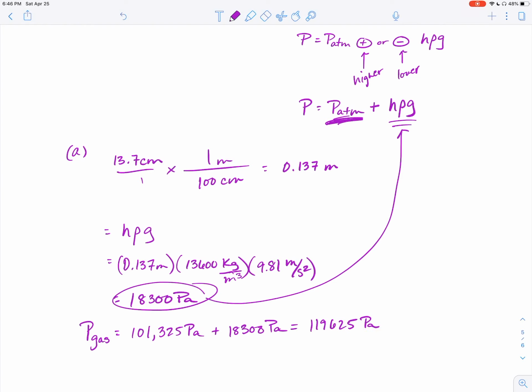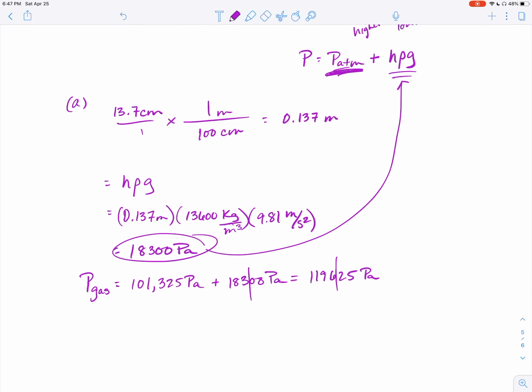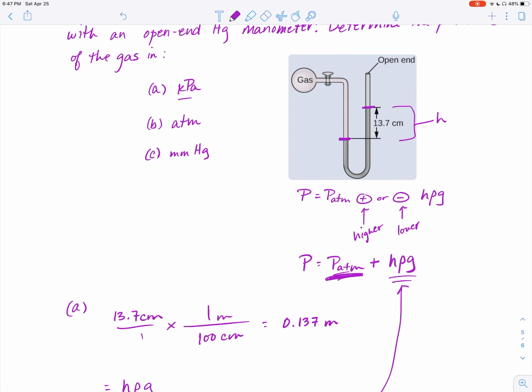Well, we're going to need to actually make that value into the proper sig figs. And for this, I think if we round to the hundredths place, that would give us the proper unit here. And so this would be 119,600 pascals.